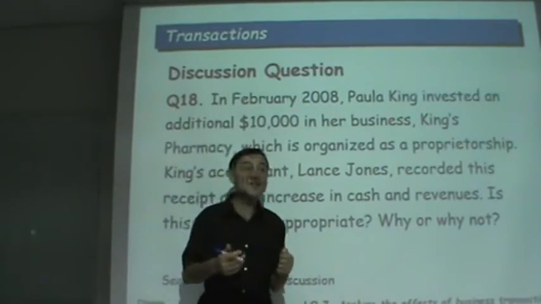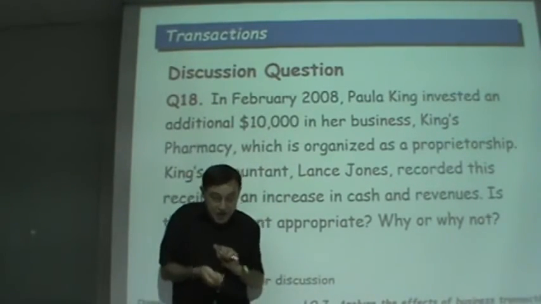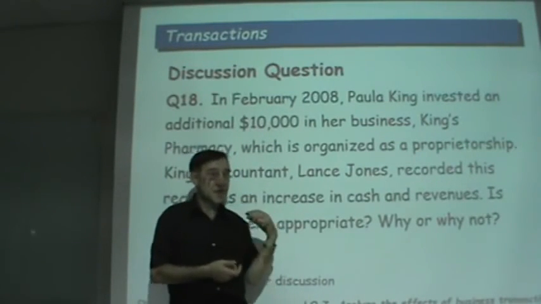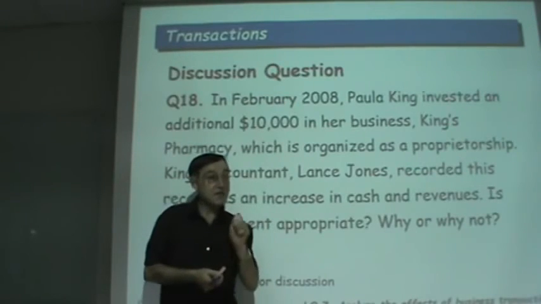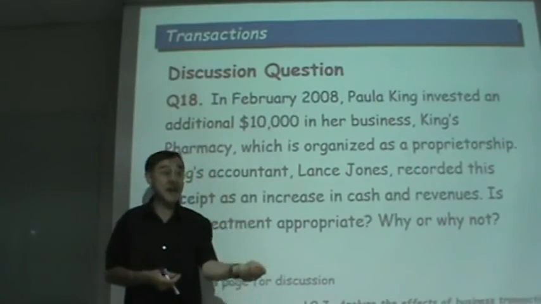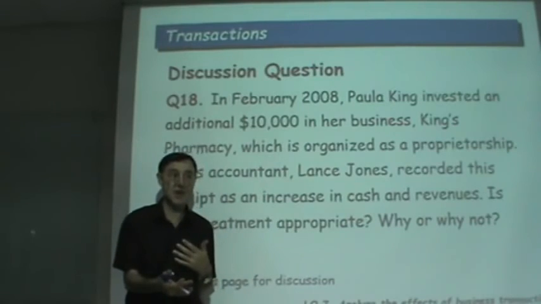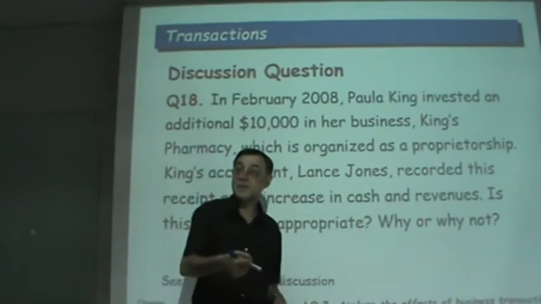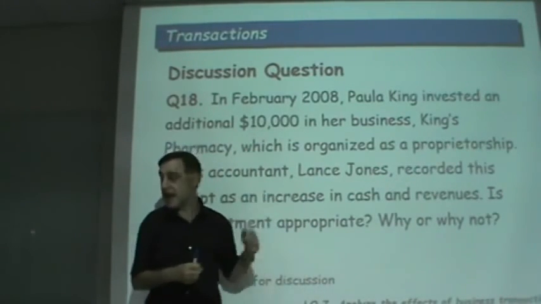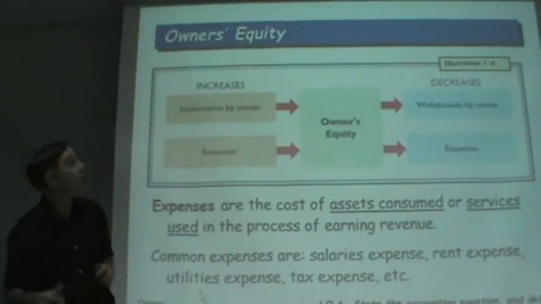Because investment is not part of the main line of business. It is a transaction between the owner and the business. So, when dividend is paid, it is not really an expense, okay? It's not part of the main operation of the business, okay? And an investment is not part. So, when you have these transactions, let me go back a few screens over here, okay?